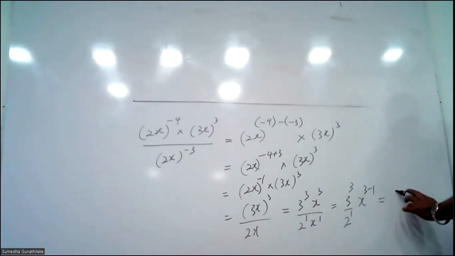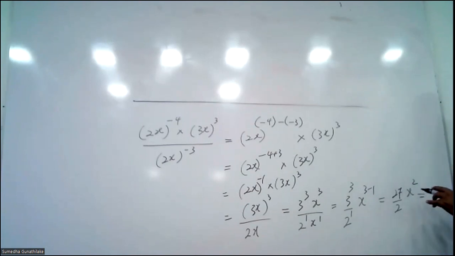Right? 27 upon 2, 3 minus 1, 2. Or you can write 13.5 x squared.